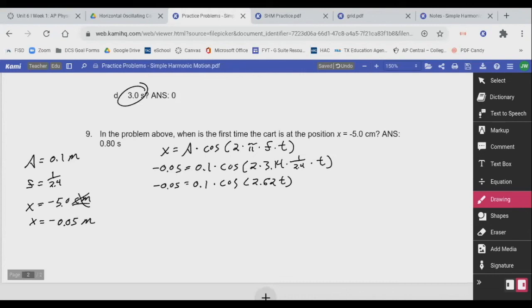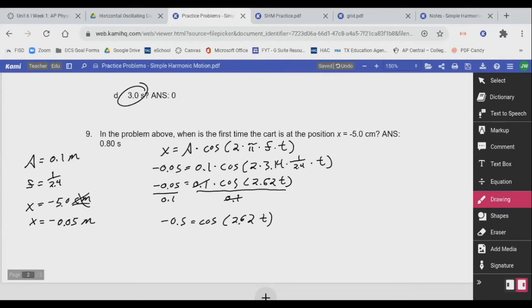I want to divide both sides by 0.1 to clean that up. Negative 0.05 divided by 0.1 equals negative 0.5 is equal to cosine of 2.62 t.